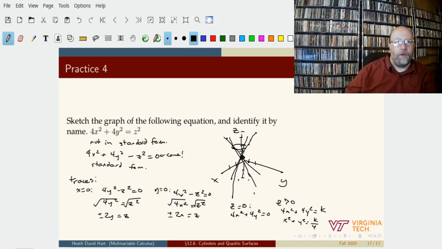And so if z is positive, we get circles, and actually if z is negative, we still get circles because z gets squared. And so we get a cone shape that opens in the z direction. Okay?